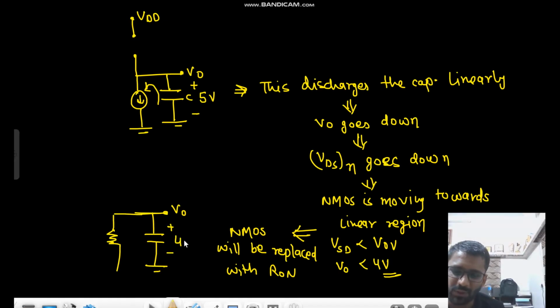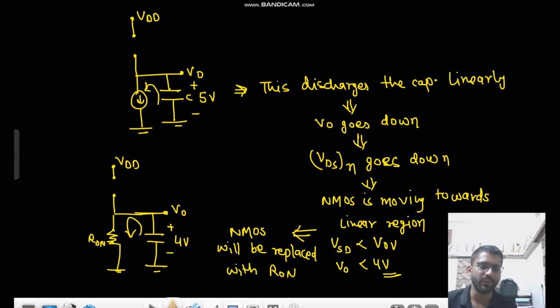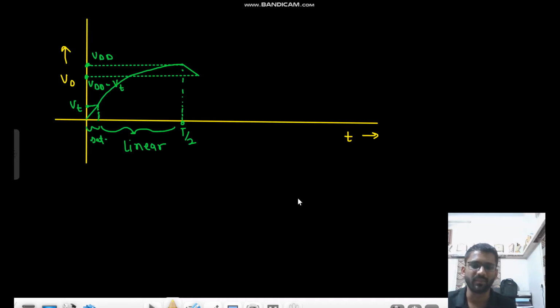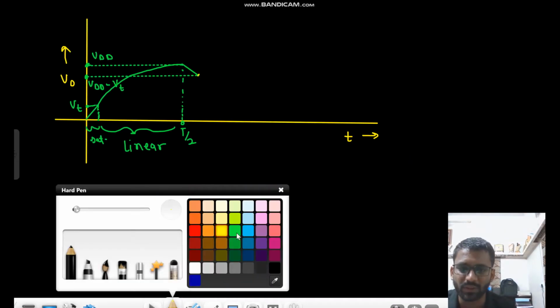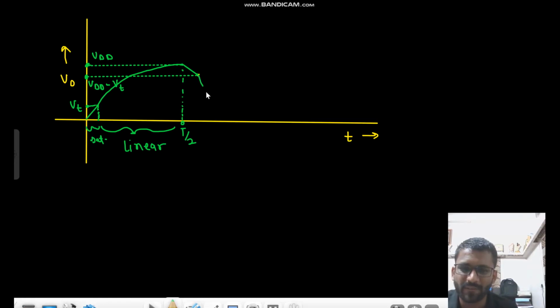This is charged to 4 volt. This is replaced with R on. Okay, and this is open circuited, and this is VDD. So this will get discharged. From 4 to 0 we will go, but exponentially this time. So this is how it goes to 0 volt. And now the same cycle goes on.